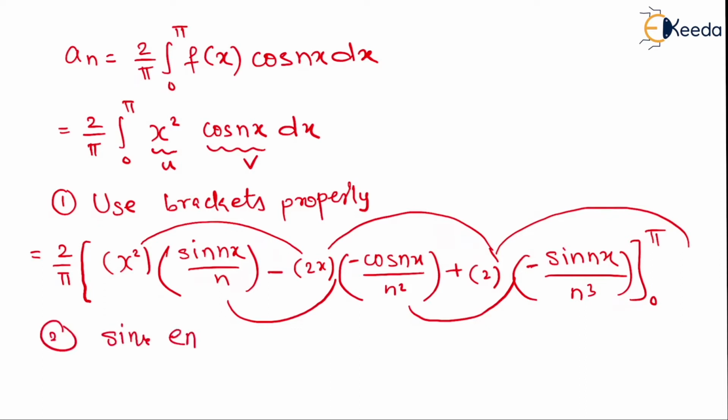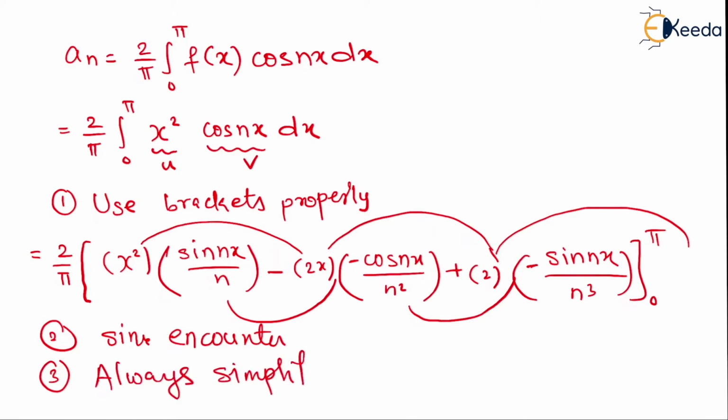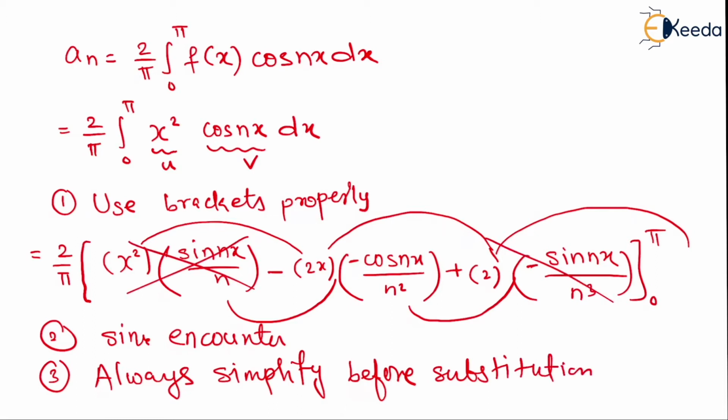What next? Third step is always simplify before substitution. So here friends, these are the two sine terms that will be zero.